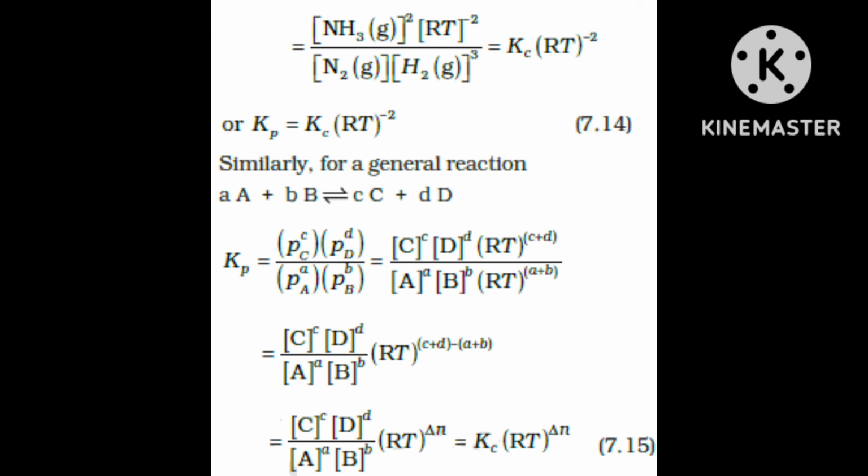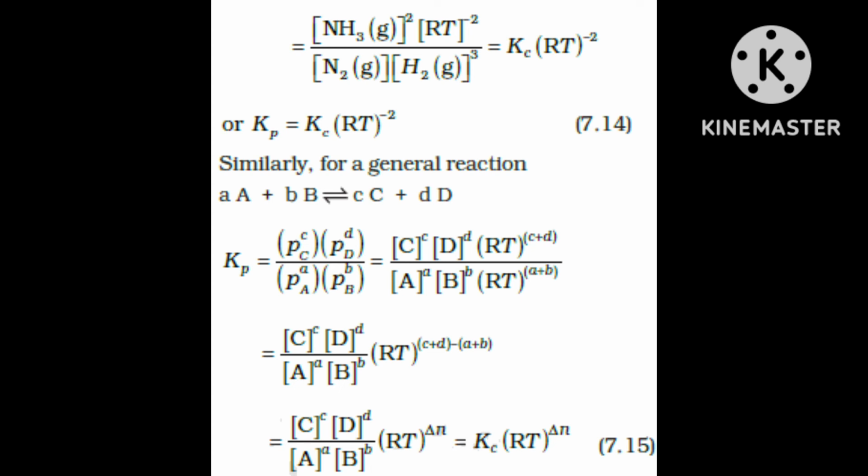Suppose A plus B is giving the products C plus D. It may be more also: the number of reactants may be more, the number of products may be more, not only 2, not only 3, according to the type of reaction.